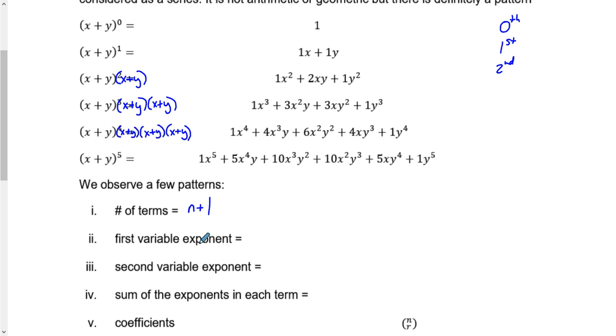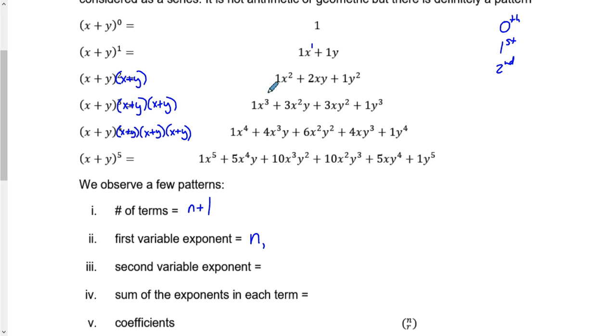The first variable exponent. So that first variable, the x in each of these, you'll notice that the exponents all seem to start, well, even this one is technically 0. They're always starting exactly with that power. So x plus y to the power of 2 is starting with an x squared. X plus y cubed is starting with an x cubed. X plus y to the power of 4 is starting with the power of 4. It always is going to start with n.